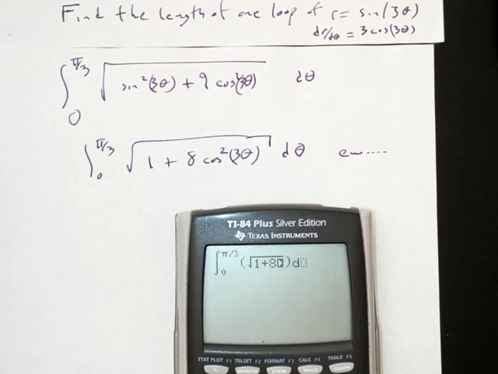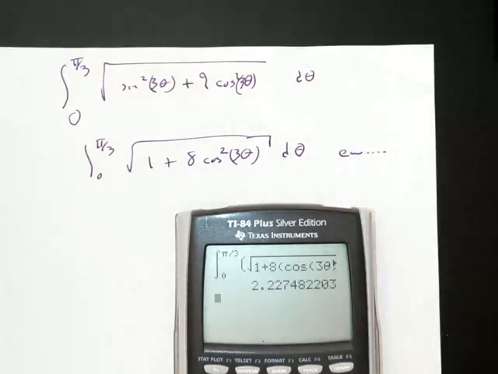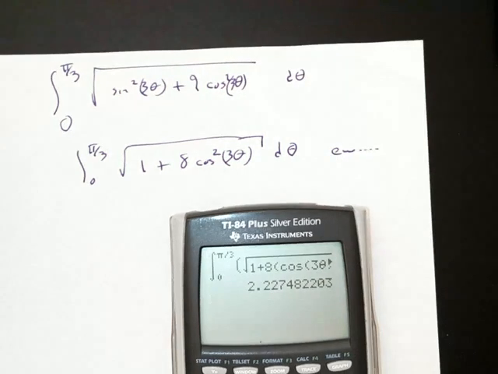I need to square the cosine, so I need to put it in parentheses. Cosine 3 theta, close the 3 theta, close that, squared, d theta. And because I was in polar mode, it knows that when I hit the variable button it gives me a theta. Takes a little while, but it gives me an answer.